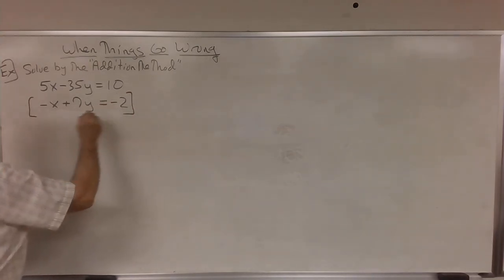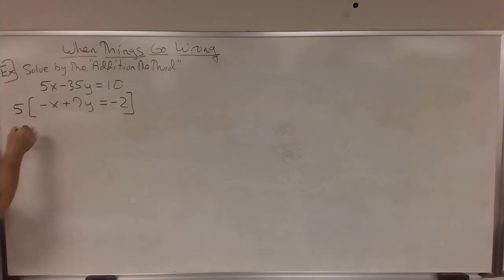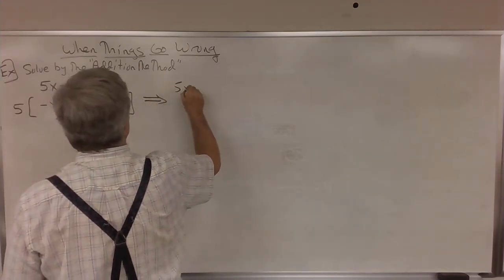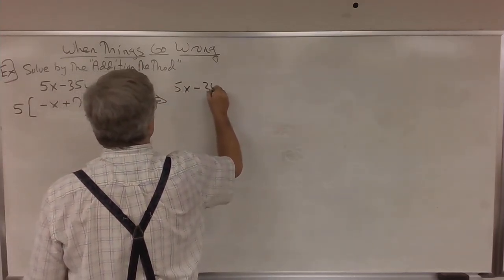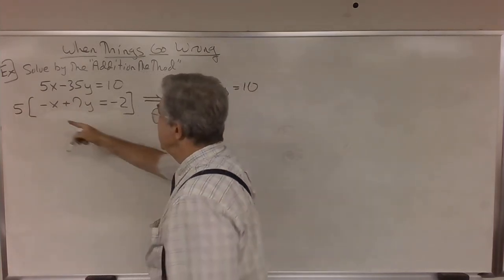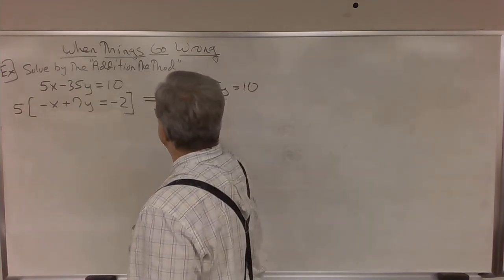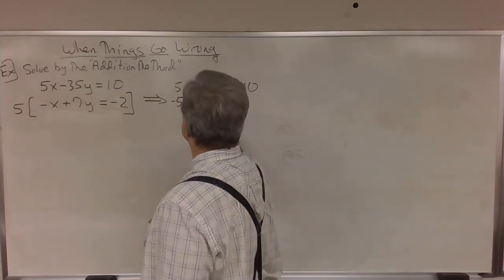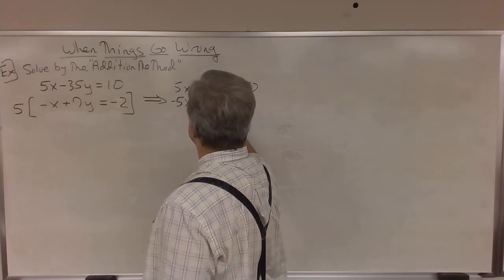I'm going to multiply the second equation by 5. The first equation is okay. So I get 5x minus 35y equals 10. And 5 times negative x is negative 5x. 5 times 7y is 35y.